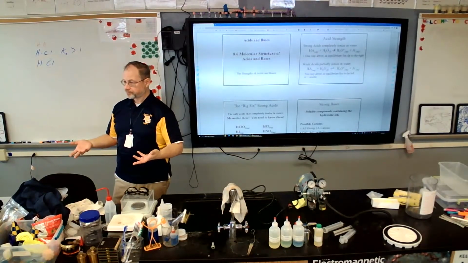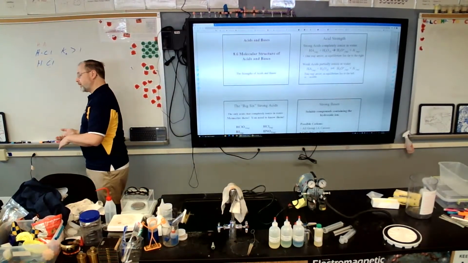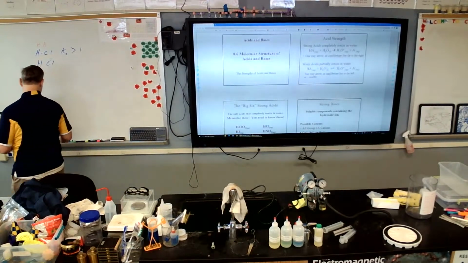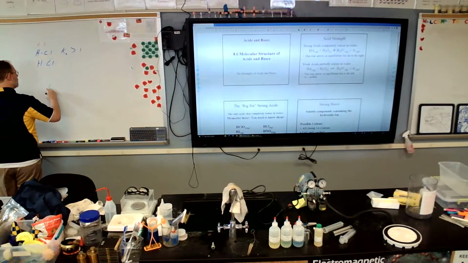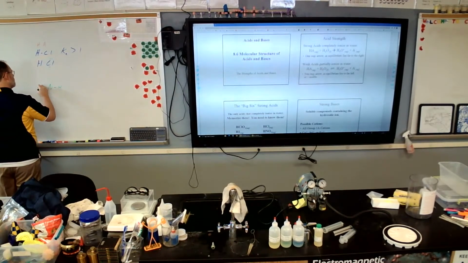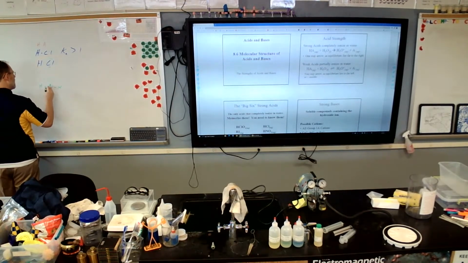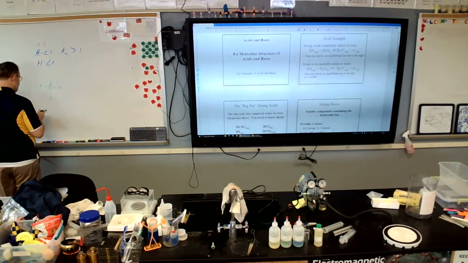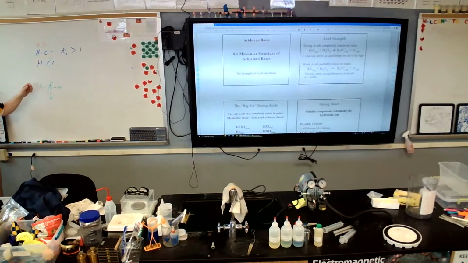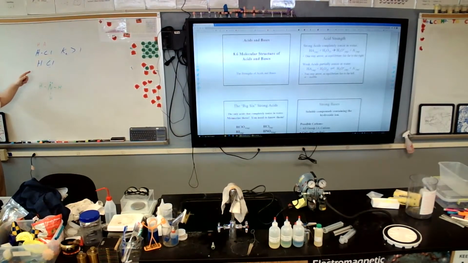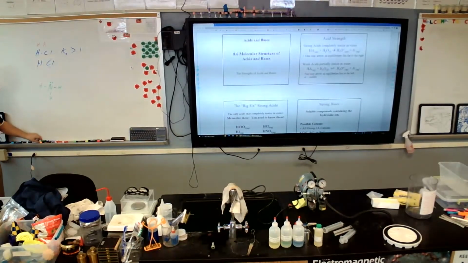Make sense? Now the base also plays a role. So our classic base would of course be NH3. And the reason NH3 is our classic base is this electron pair can very easily attract the proton floating around in water. So you've got water molecules chilling out.